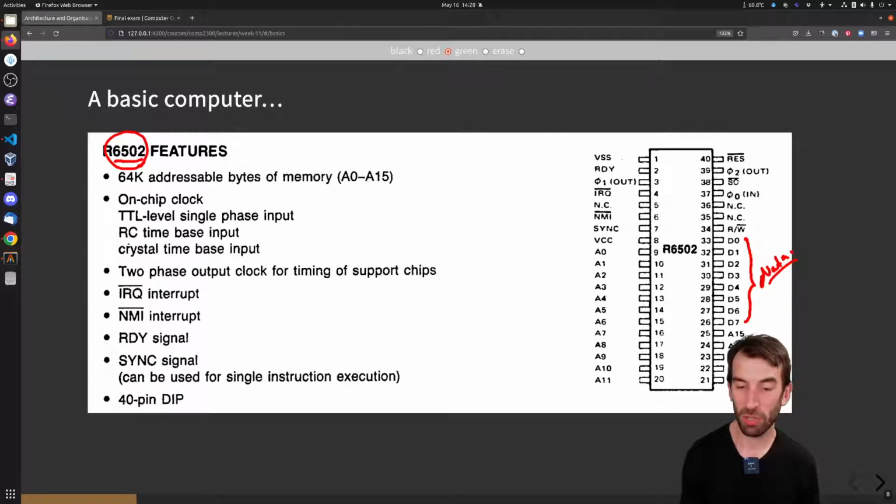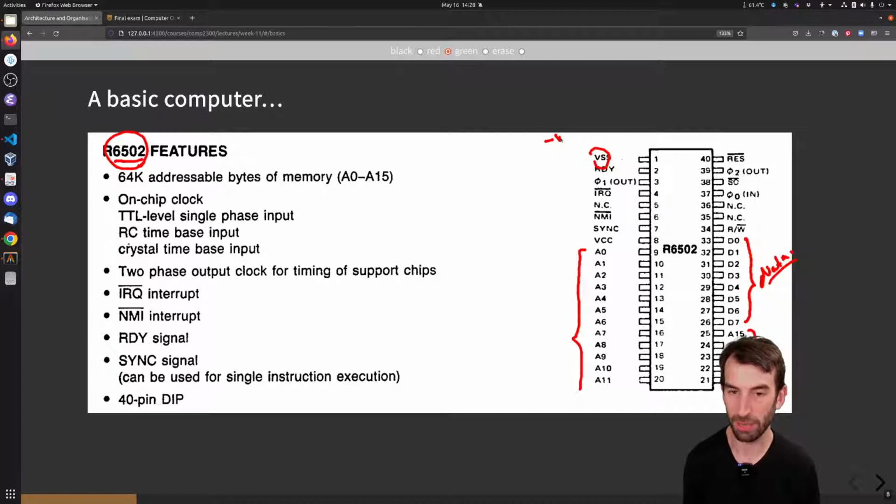For choosing the address of something in memory, or in a memory mapped register from another kind of peripheral, you need an address bus, and the address bus is here, A0, and then it connects over on this side too, A12 to A15. That's the power supply, plus 5 volts. I think that's minus 5 volts.